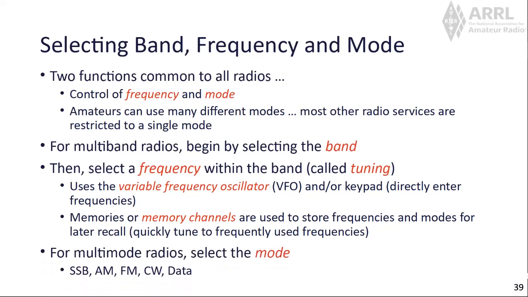If you've got two or three repeaters that you like to get on regularly on your UHF and VHF radios, you're probably going to program them into memory. After you've selected the band and the frequency, you then have to tell it: am I going to do single sideband, AM, FM, CW, or data?